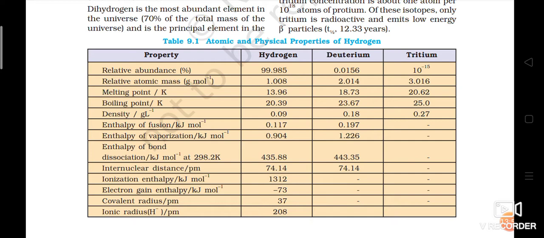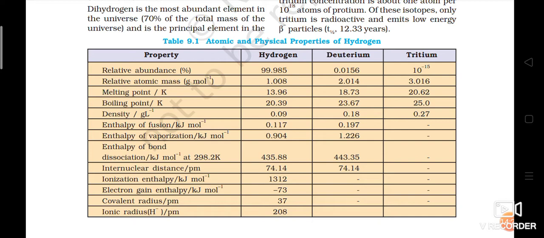So no need to remember these values, you just remember the trend down the group and across the period, whether the values are decreasing or increasing. You should just remember their atomic size, lattice energy, ionization enthalpy, hydration enthalpy. If you remember these 4 to 5 points about the periodic table, or you can go through the s and p, d block, you can easily come out of this frustration of remembering too many numbers.